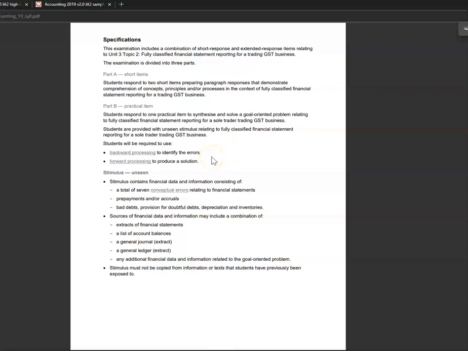You'll be required to use backward processing to identify issues, and then you'll also need to do forward processing to produce a solution. So backward processing, you'll be looking at information you've already been given and trying to work backwards to find the errors. Forward processing is where you're starting from scratch and moving forwards from there, so completing a financial statement, for example.